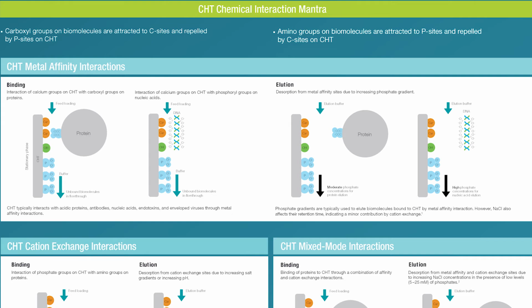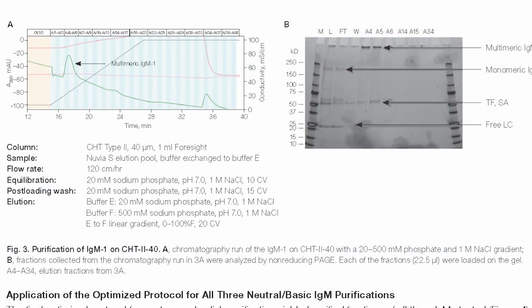In this case, we were first trying to understand the elution behavior of the IgMs on the ceramic hydroxyapatite. We were doing runs in the presence of low phosphate concentration with a linear sodium chloride gradient. This resulted in no elution.